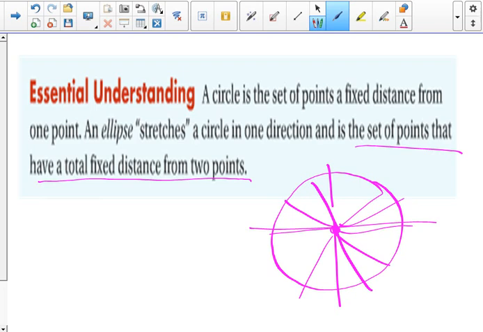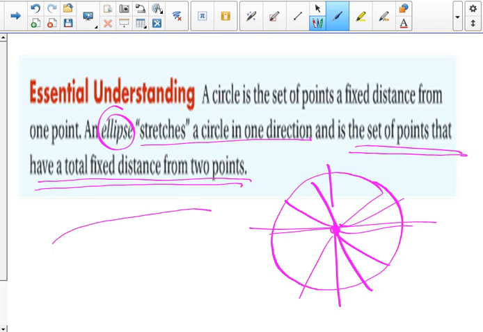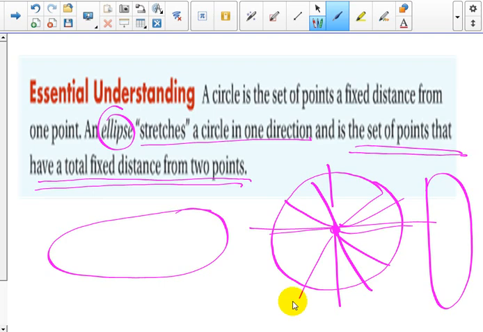So again, an ellipse stretches a circle in one direction, and it is the set of points that have total fixed distance from 2 points. So it could be stretched out this way, it could be stretched out this way, right? So it's from 2 points. Right?